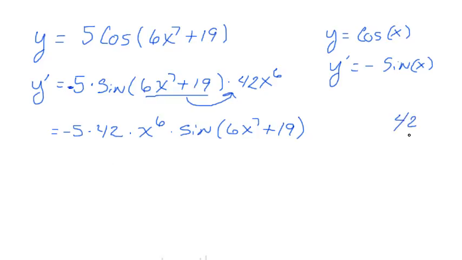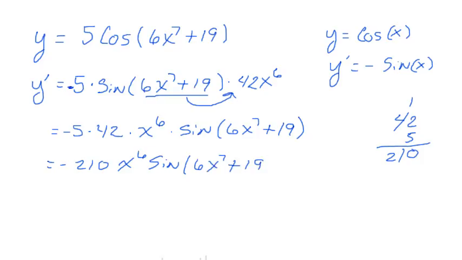So we're back over here in second grade, and hopefully we can get this right, right? 210, negative 210, x to the 6th, sine of 6x to the 7th plus 19. And that is your derivative.